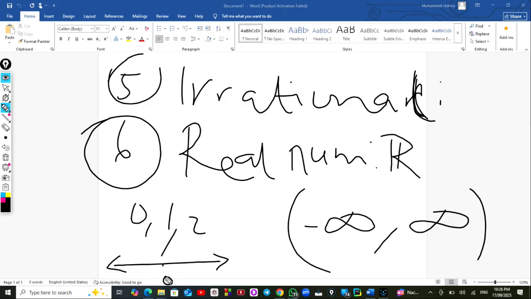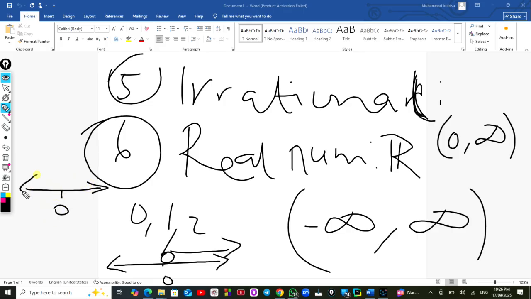Moving to infinity, you can't tell where it will stop. So this number line itself is just the set of real numbers from negative infinity to infinity. Is that fine? So you cannot come and open your circle somewhere or close your circle somewhere. No. This is how I represent it.